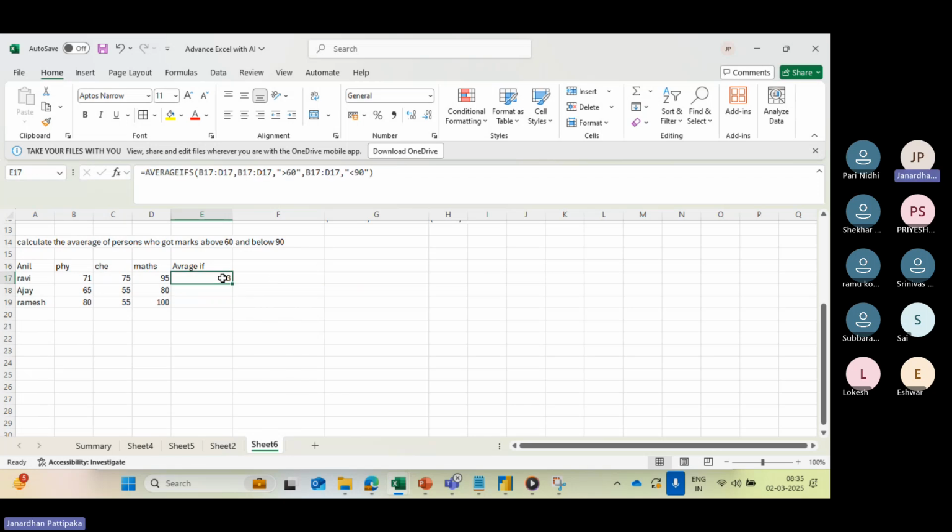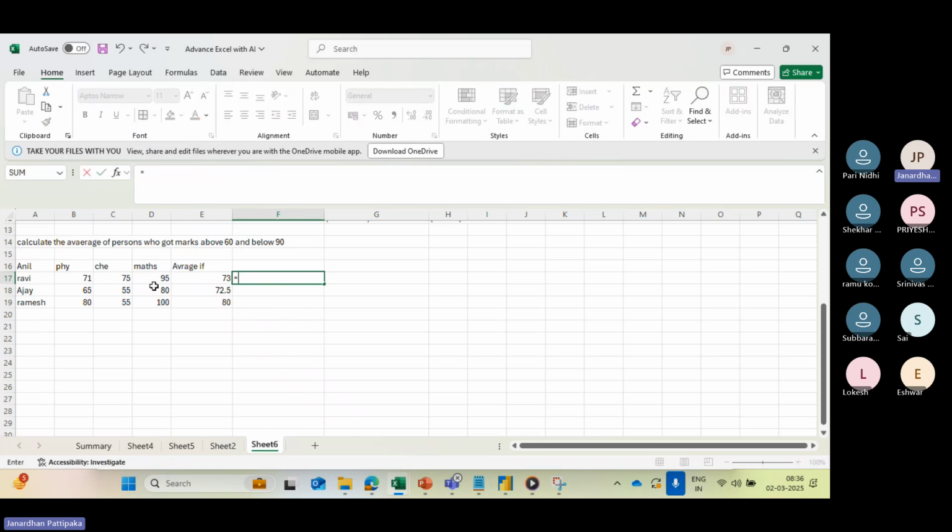So again, if you want to mention this, 72.58. So what will be the internal execution for this? Now you have calculated it, so how will the internal execution be? Now, between 60 and 90, what are the persons it will consider?